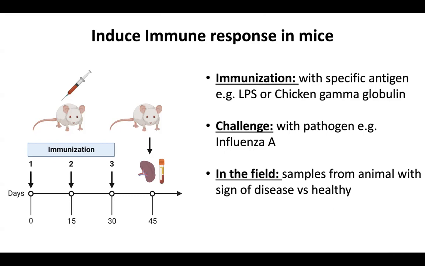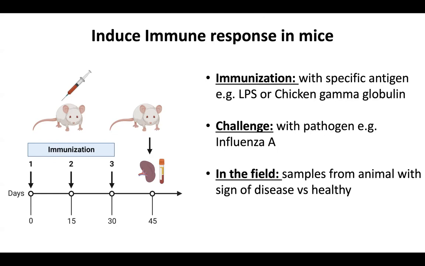So the only way that you could really study that is to do some comparative analysis between the animals that have signs of disease, which would be indicative of having an immune response against that disease, versus comparing that to healthy individual animals. And that's really the only way that you could do it in the field, if you can't challenge the animal in the field, or add the antigen into the animals.